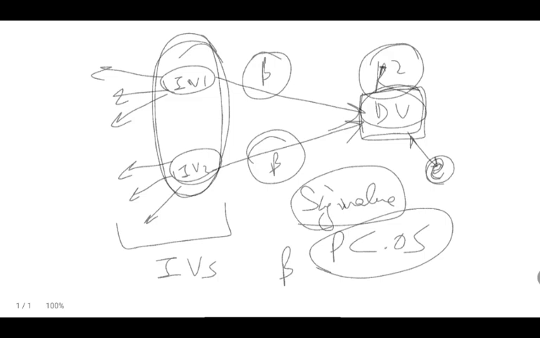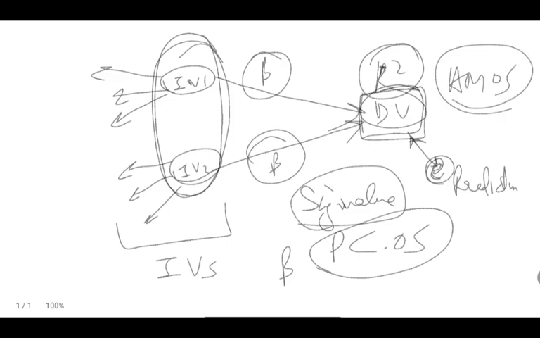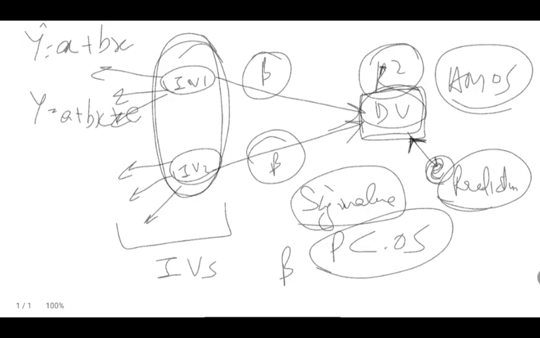This is known as prediction error. So when you are working with IBM SPSS AMOS, you have to draw a prediction error term on the dependent variable, because of what the regression equation says. What is the regression equation? Y is equal to a plus bx. This is the predicted value, right? The actual is y is equal to a plus bx plus e, where e is the error term.